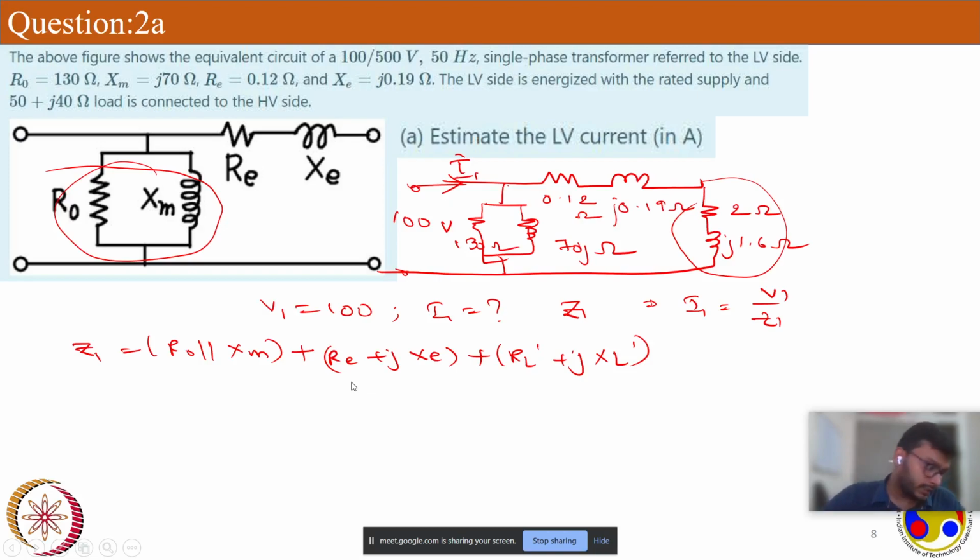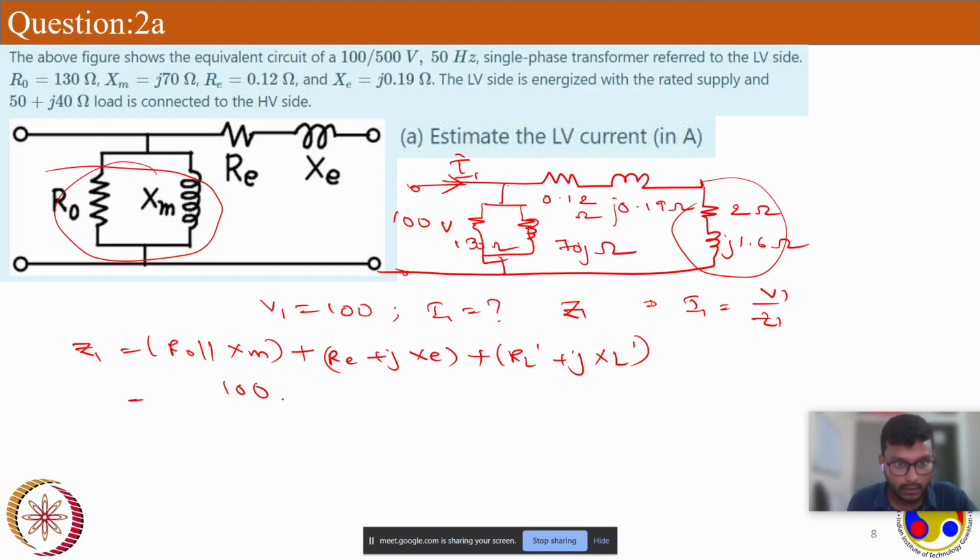Okay, anyone got any answer? Input impedance, so let me write it. Okay, you calculate it. Let me also write what I got.